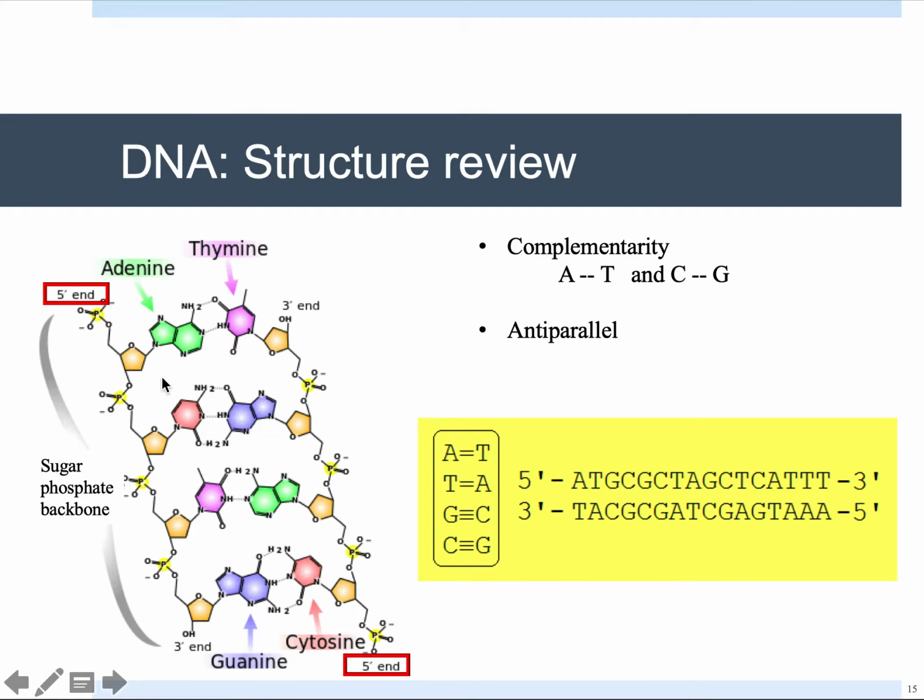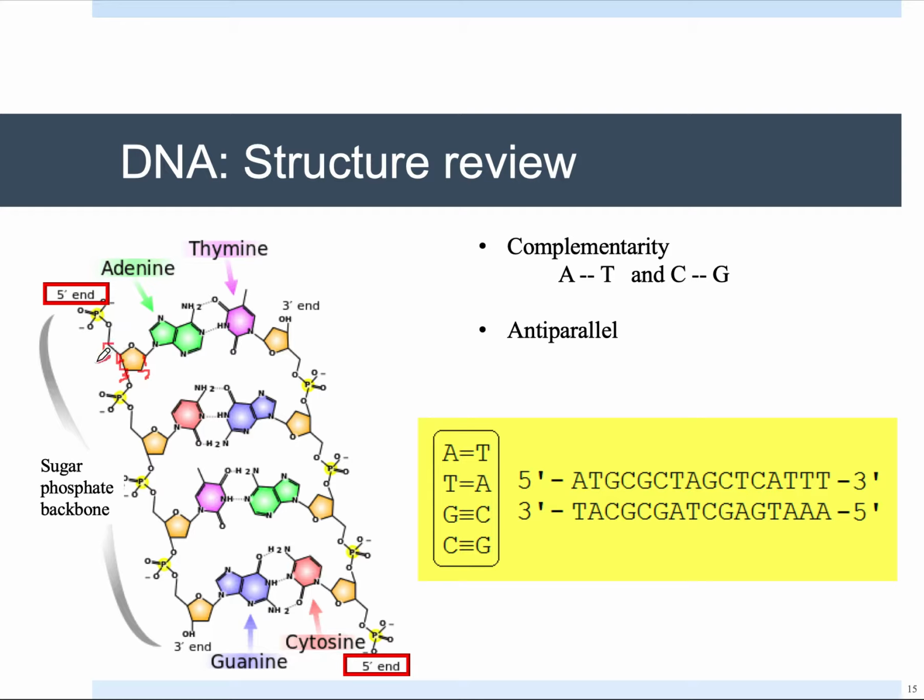And the reason why we have those numbers is this. The 5 carbon sugar is labeled. So this is carbon 1, that's 2, that's 3, that's 4, and that's 5.